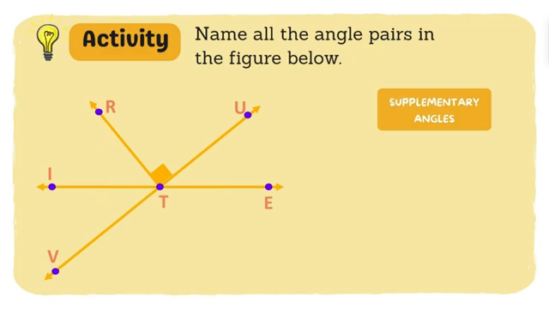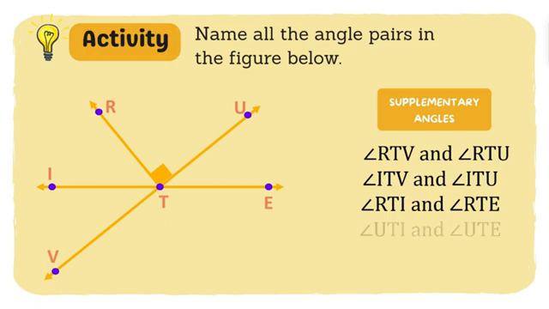Now, how about our supplementary angles? Remember, supplementary angles are angles that add up to 180 degrees. So ito po yung mga angles natin dito na supplementary. Isa-isahin natin. First, we have angle RTV. Ito po yung kanyang angle, which is actually 90 degrees as well.